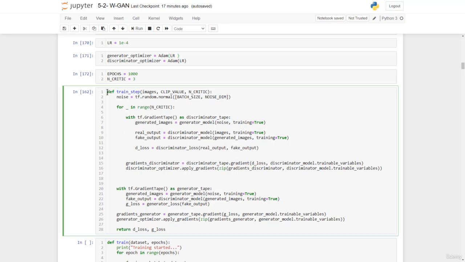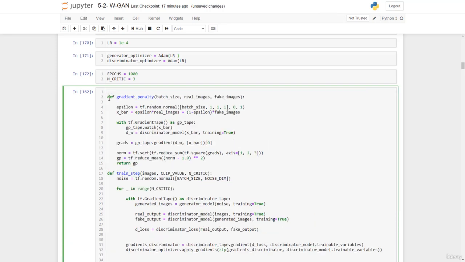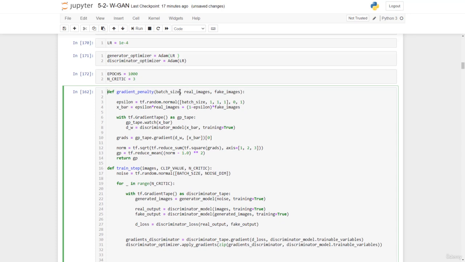Now let's define the gradient penalty function. So there we go, we have a gradient penalty function which takes in the batch size, the real images, and also the fake or generated images. And the way it works is just like as we saw in the paper.